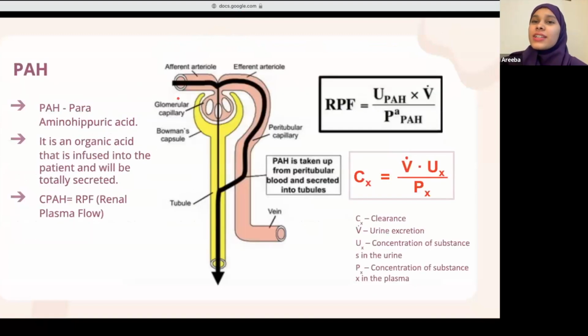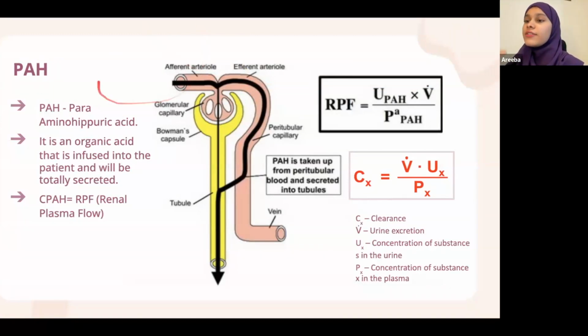So if we look at the clearance of PAH, it is filtered and also actively secreted, so the entire renal plasma flow can be calculated when you know the clearance of PAH. The formula for clearance is the urine concentration of that substance multiplied by the urine flow rate, then divided by the concentration of that substance in plasma. So that would be A, and that's the formula.